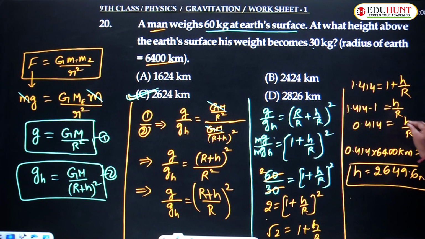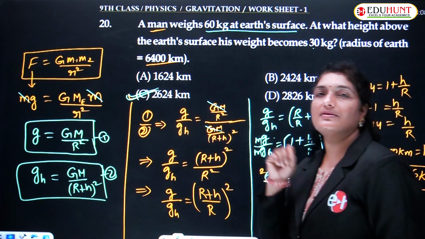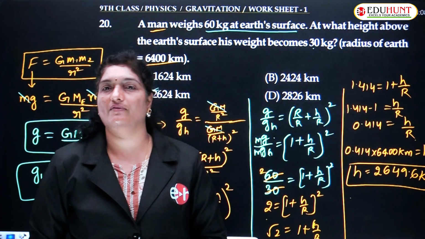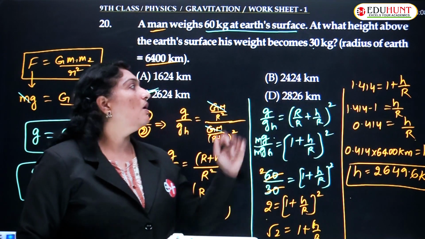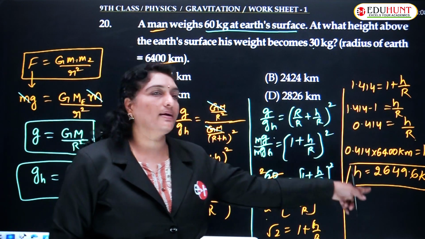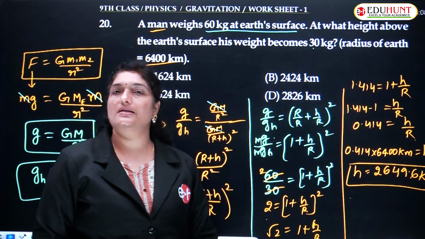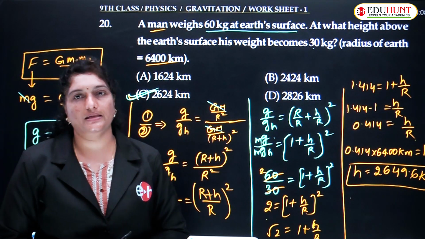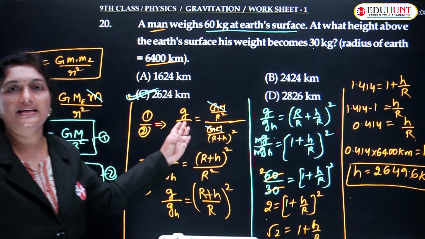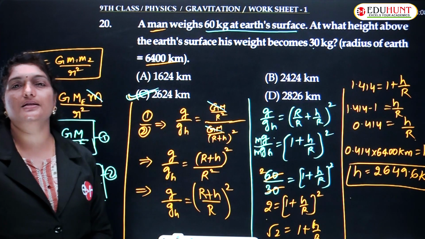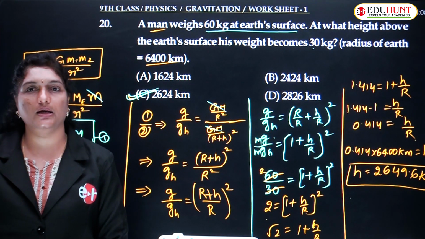So if h/R is 0.414, h is equal to R times 0.414, and R is given as 6,400 kilometers. Multiplying, we will be getting the value as 2649.6 kilometers, and approximately this goes with the option 2624 kilometers.